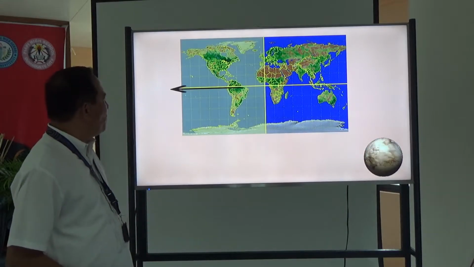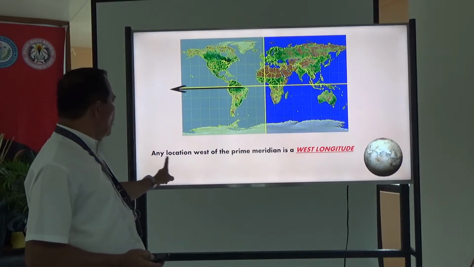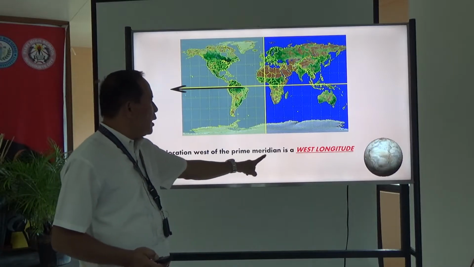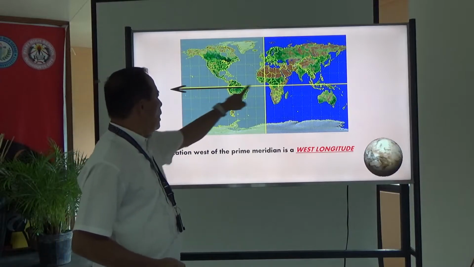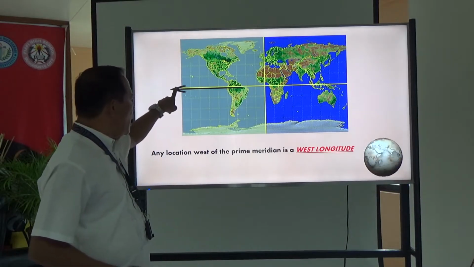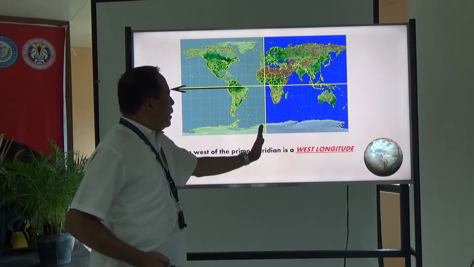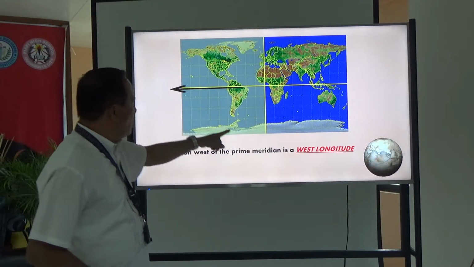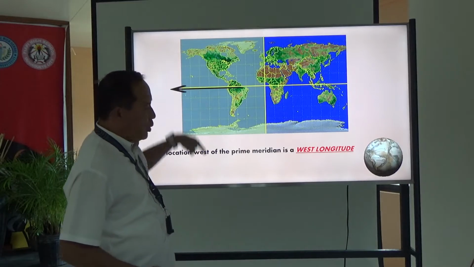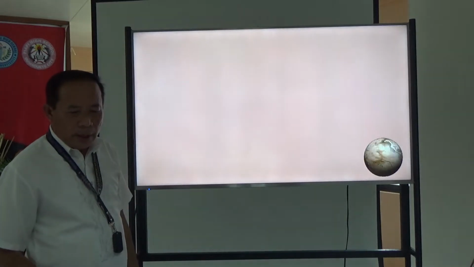Let's continue. Any location west of the prime meridian is west longitude. It is identified in the arrow that from here down here is west longitude. West longitude, the vertical line. Okay.